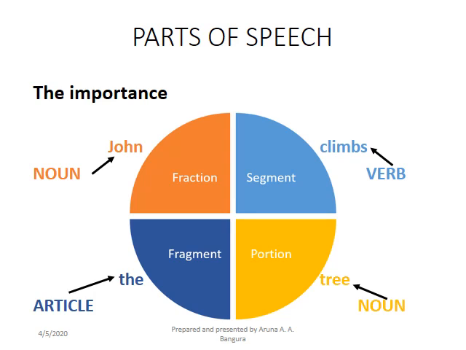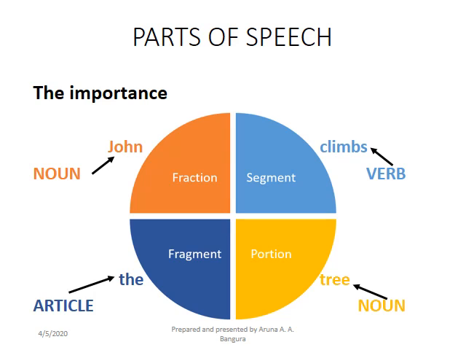If you look at this circle, you will see that there is a sentence here, but each of the words of that sentence has been drawn from different parts of speech, from different categories of words. For example, the sentence is John climbs the tree. The word John has been borrowed from the category of noun.